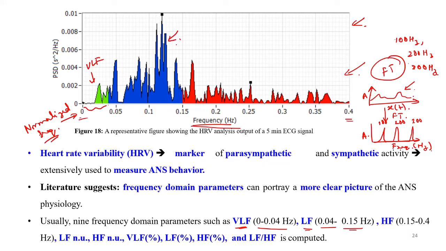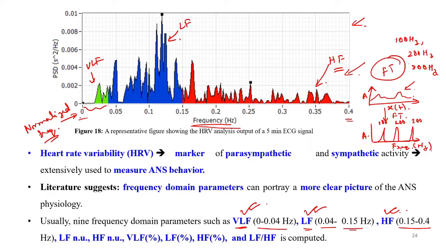This blue marked area is low frequency. Then high frequency, 0.15 to 0.4. This red area is the high frequency component. So the whole spectrum, the spectrum of the RR interval signal, is broken down into three components: very low frequency, low frequency, and high frequency regions.